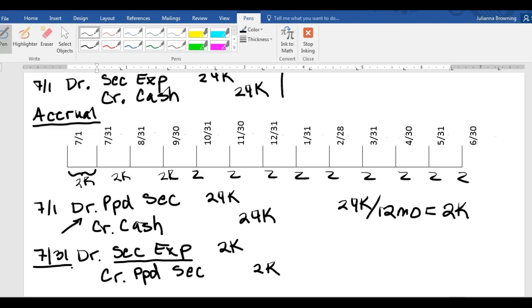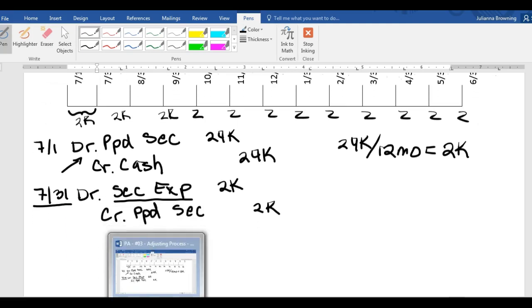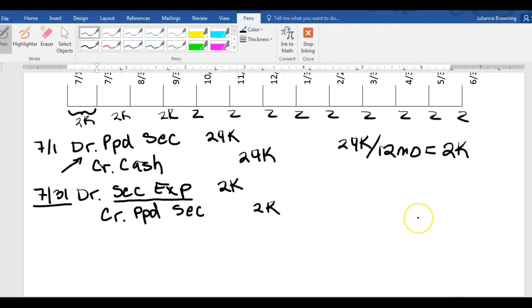So with that information, we can match the expense into the same period the related revenue was earned. And we will do that journal entry a total of 12 times. So we will have the same journal entry on August 31st.